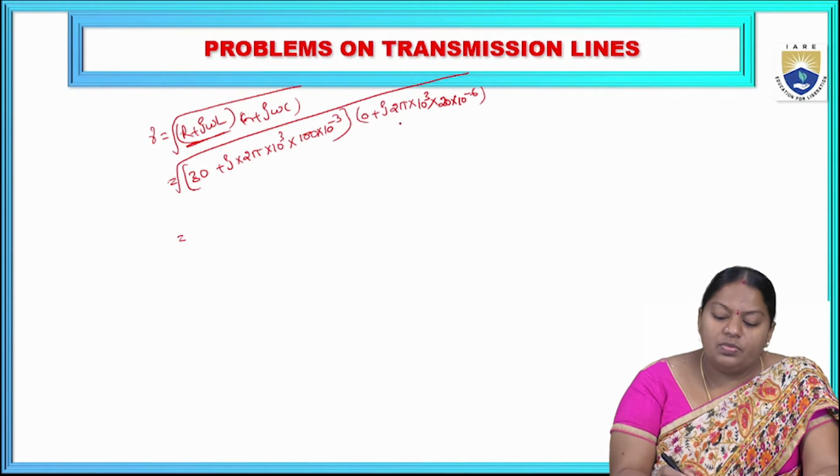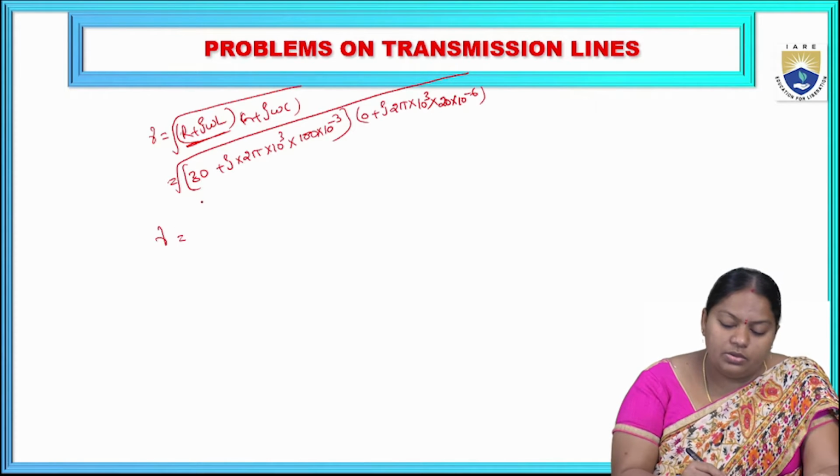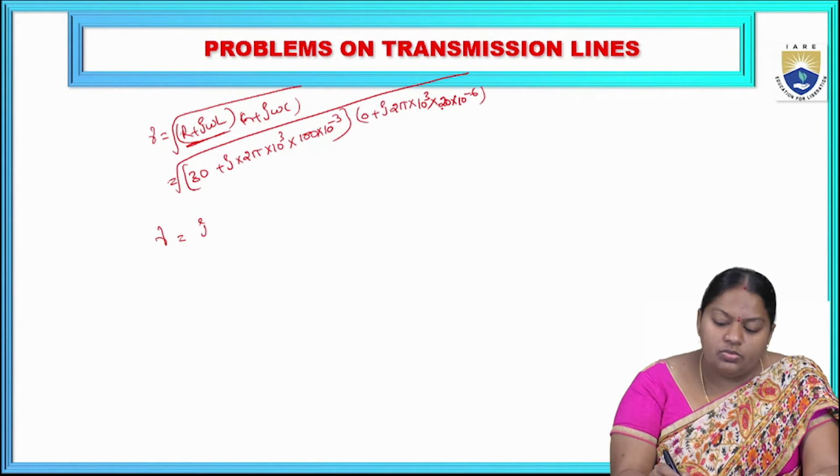Then we can separate the real and imaginary terms by multiplying the two terms with each other. Hence gamma equal to 30 into 0 becomes 0, plus 30 into j means j, then 20 and 30 if you multiply, 2 3s are 6, and 10 power 3 is already there, so that becomes 10 power 5 into 10 power minus 6 into 2 pi.